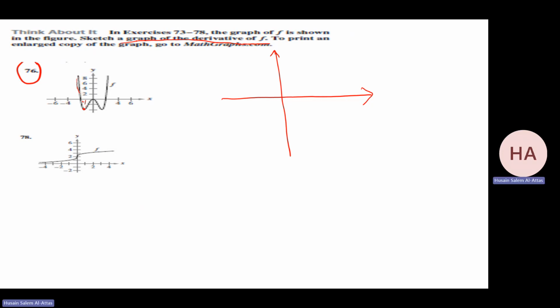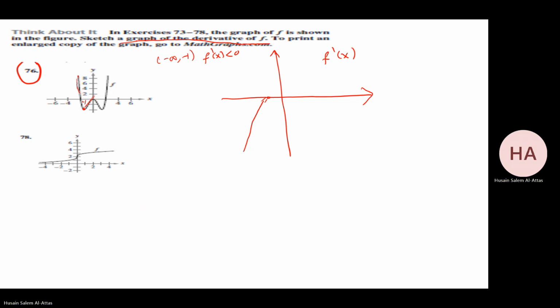So until -1, this is f prime. From -infinity to -1, f prime is negative. So it will be something like this.